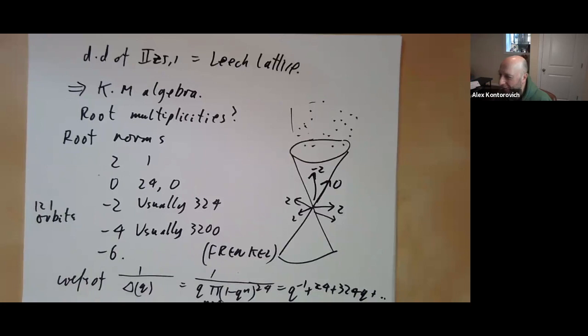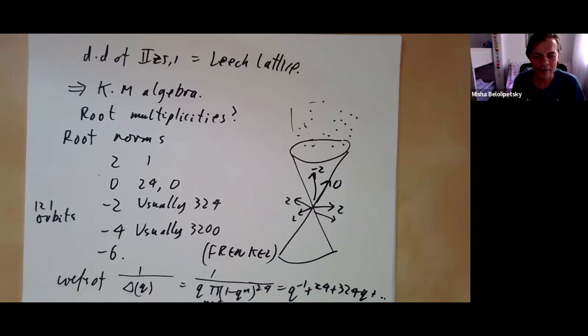Misha, you have your hand raised. Yeah, I have a quick question. There was a paper by John McLeod where he looked at the hyperbolic reflection groups given by the quadratic form minus 3 x0 squared plus x1 squared and so on, diagonal. It's very similar to Vinberg's examples, but with one extra.